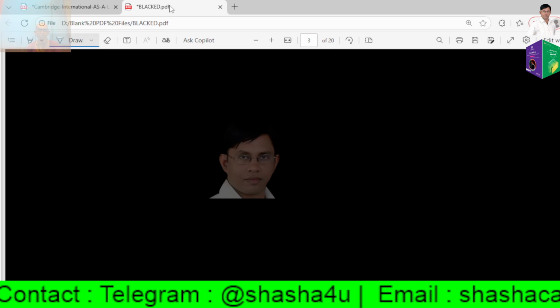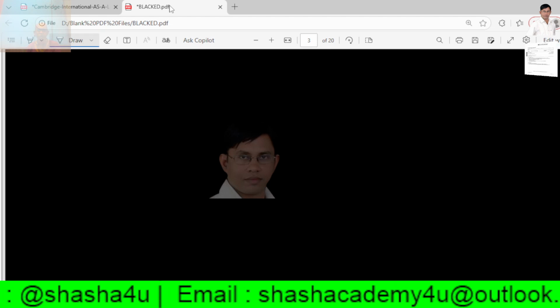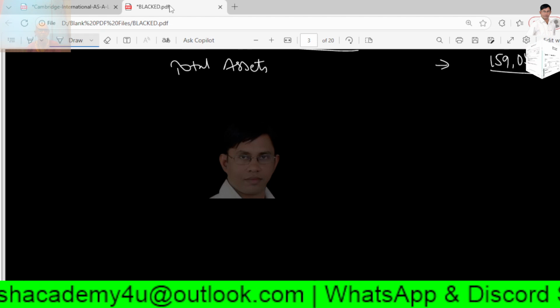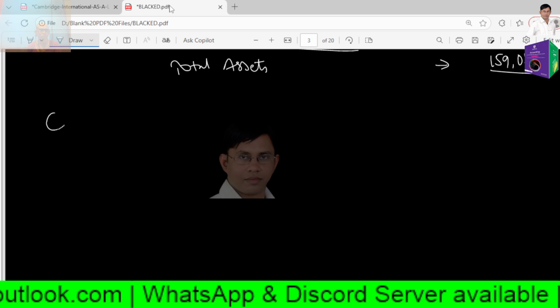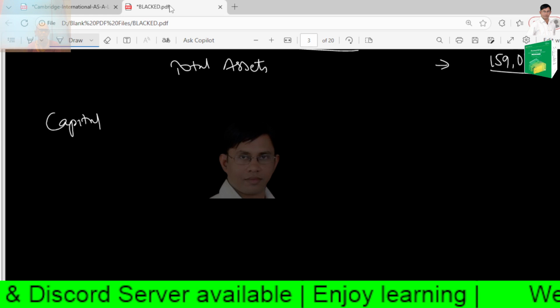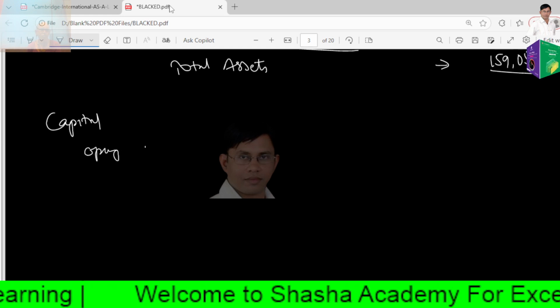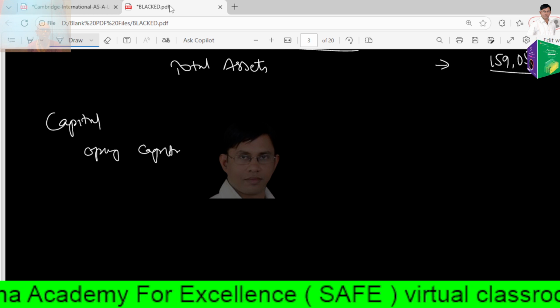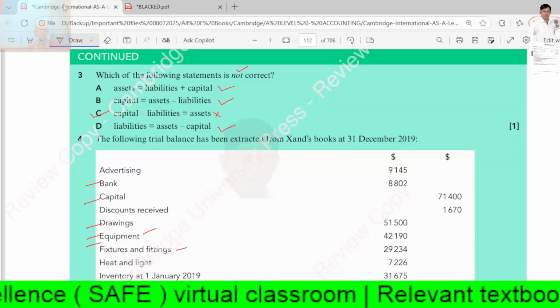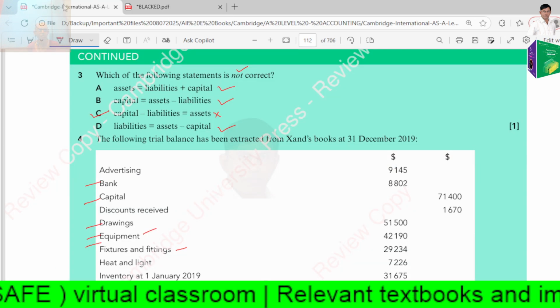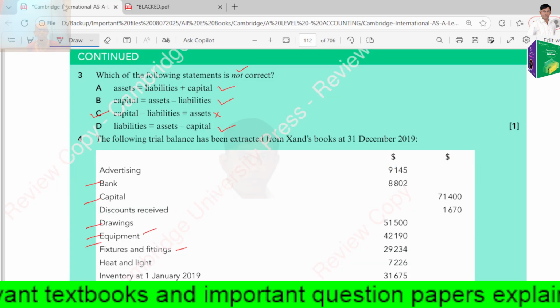Okay. So now capital on the liability side. So opening capital. What is opening capital? Opening capital is given here, 71,400.